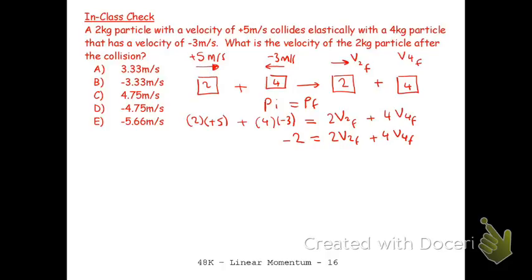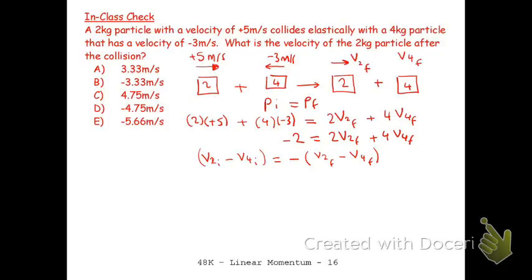Two unknowns again, I've got to solve it, and I could try using my kinetic energy, but let's just do this new equation. It's the difference in the velocities before. So V2 initial minus V4 initial is equal to, keep them in the same order, V2 final minus V4 final. Just keep the two velocity numbers in the same order, but put the negative sign in front of the right hand side.